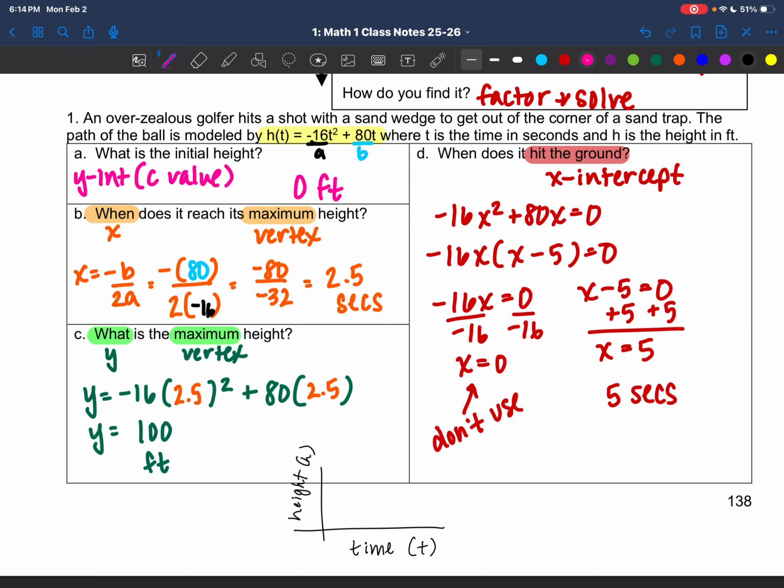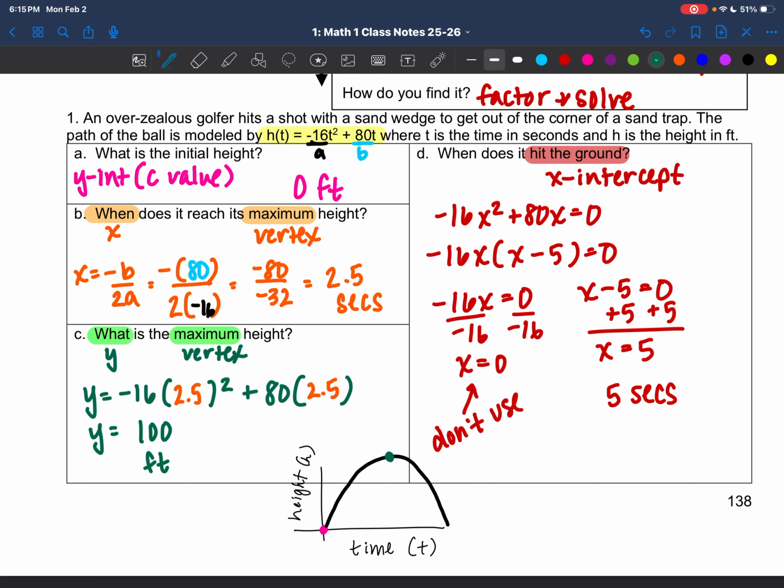Well, if we're starting, then the ball is going to start on the ground at the y-intercept, which makes sense because if you look at your equation, there is no c value, so it's plus 0. So we know that's where it starts. And then we're going to hit the ball, and the maximum, or the vertex, is right here.